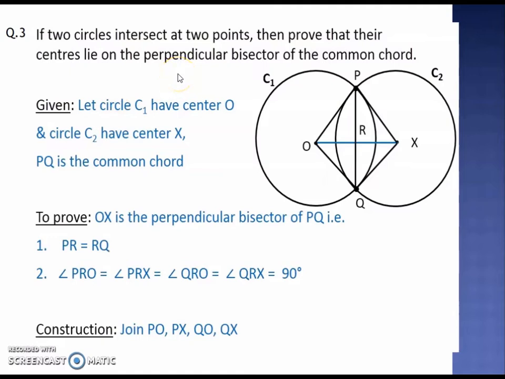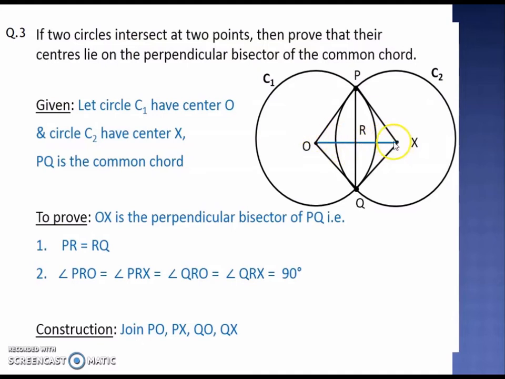So the question is, if two circles intersect at 2 points, then prove that their centers lie on the perpendicular bisector of the common chord. Let us assume there are two circles here, C1 and C2, having centers O and X. That means O is the center of C1 and X is the center of C2.